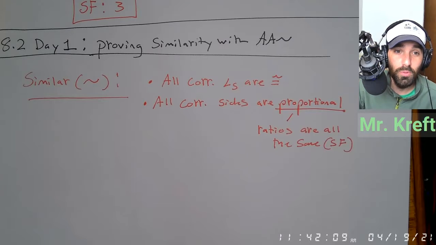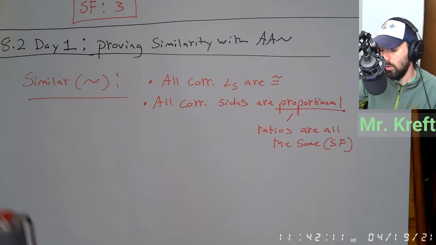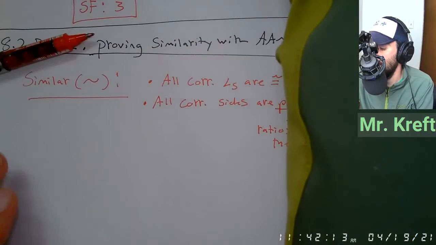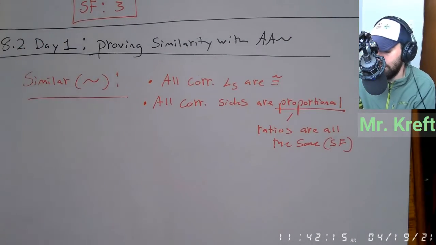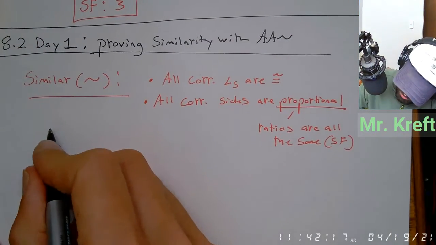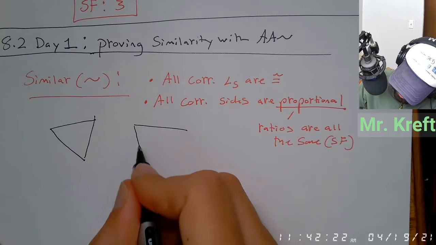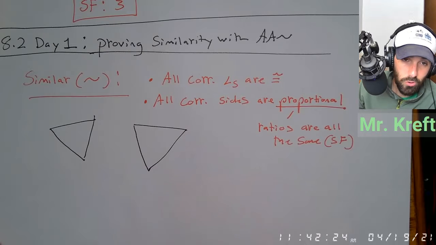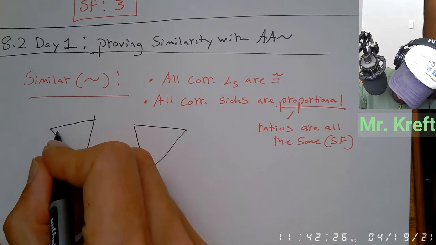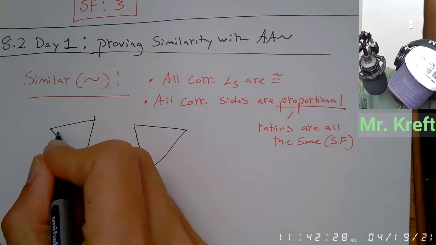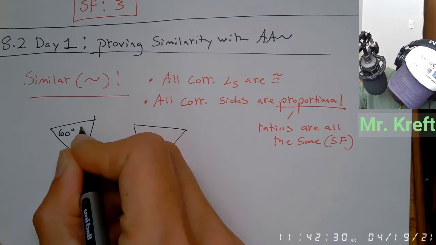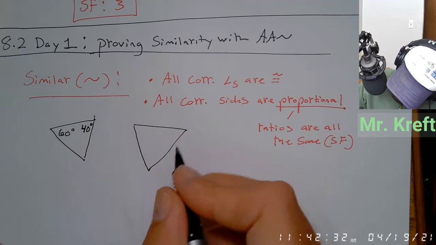Okay, so how are we going to prove triangles are similar? Well, the first way to do this is a variety of different things. So let's say I have two triangles. Just two triangles. And let's say one of these is 60 degrees and one of these is 40 degrees.